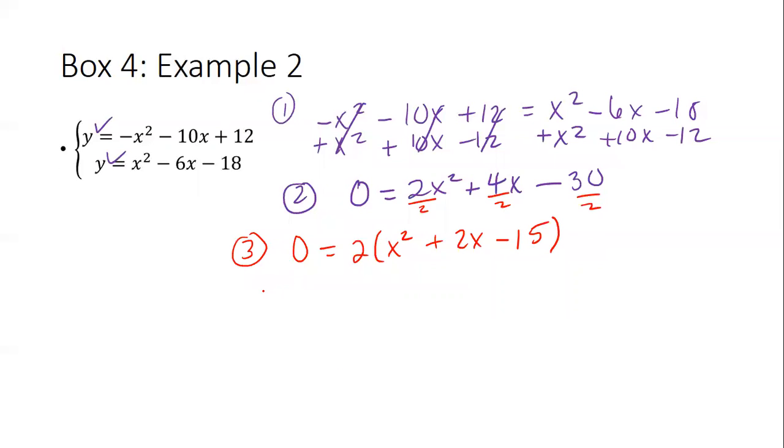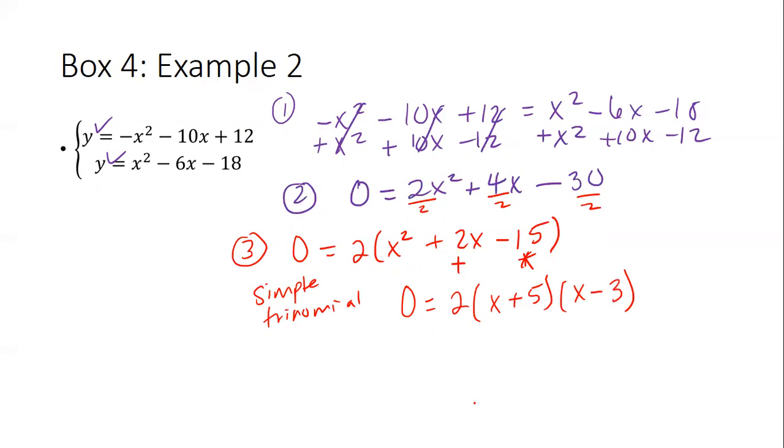And now I only have a simple trinomial. So I'm asking myself what multiplies to give me negative 15, but adds to give me 2. That would be x plus 5 times x minus 3.